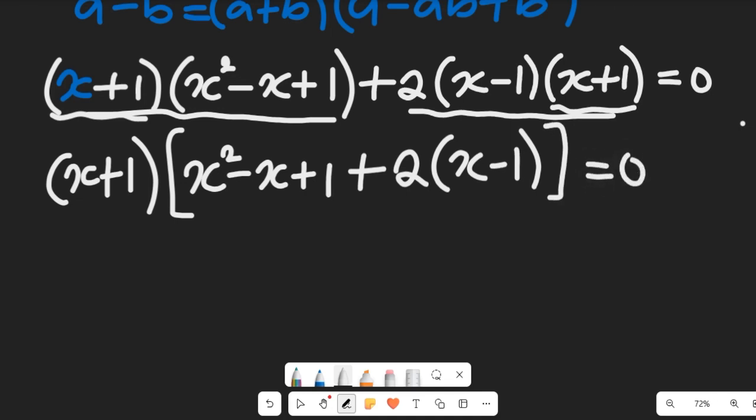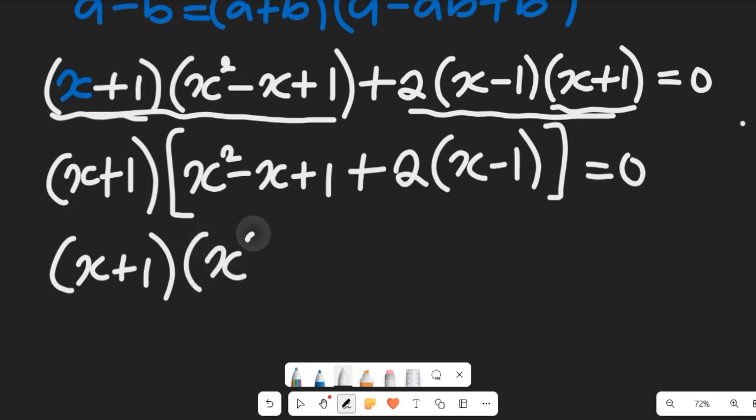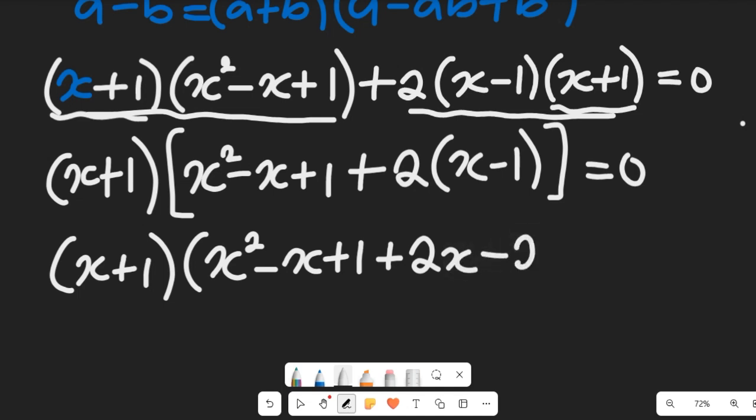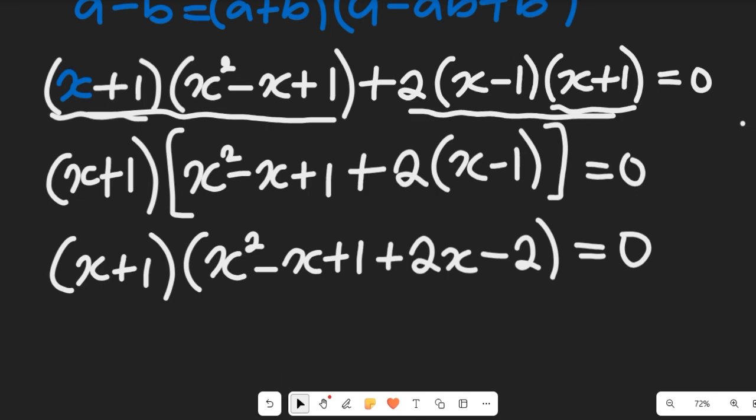Great. Now let me simplify this other part. With this, I'll have x plus 1, right? Then this will give me x squared minus x plus 1 plus 2x minus 2, and all of these will be equal to 0.